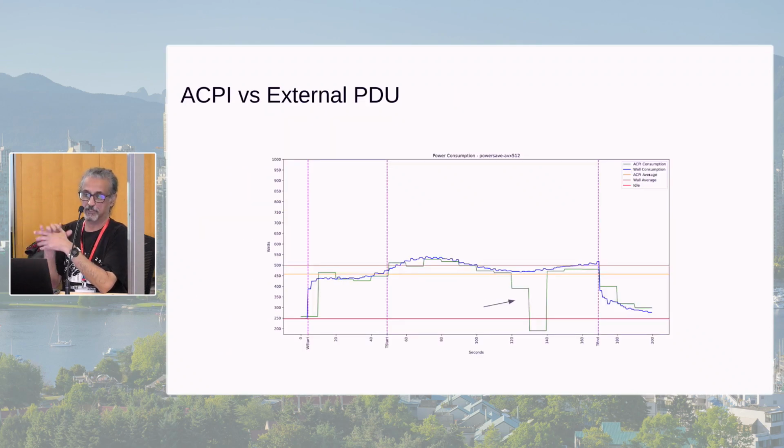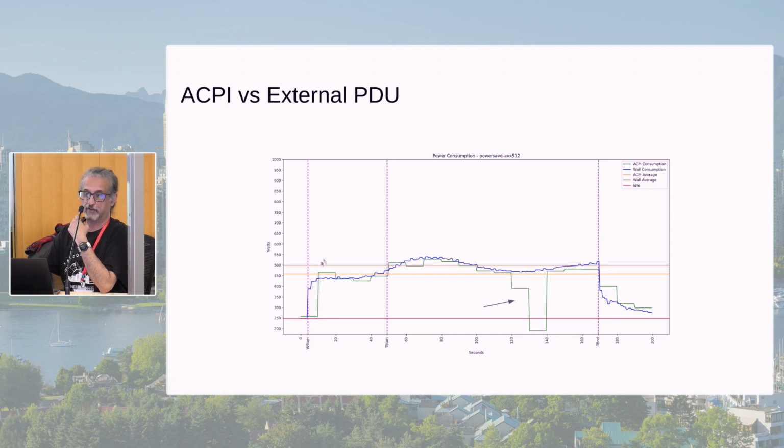Okay, so here's an example of some of the measurements we did. We were running in what is known as power saving mode. And so you see the first few seconds there, the system is warming up. And there's two measurements.